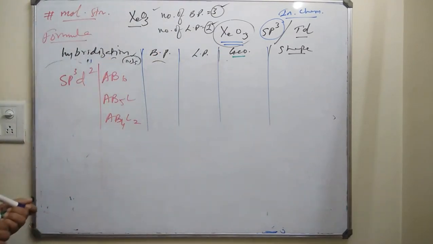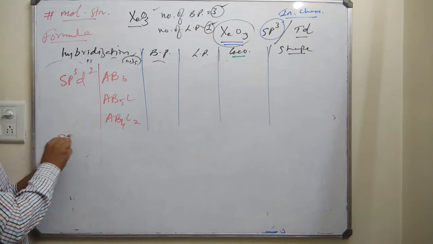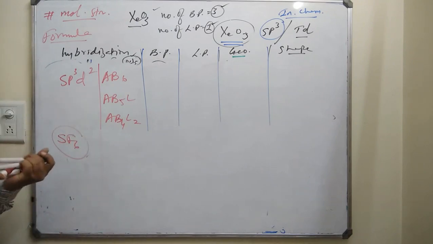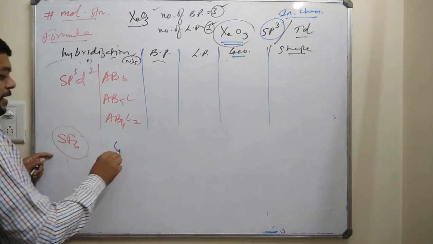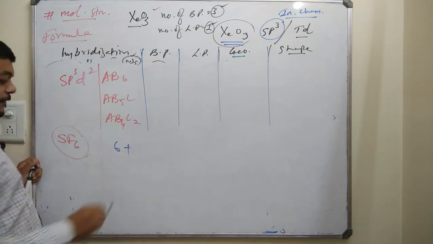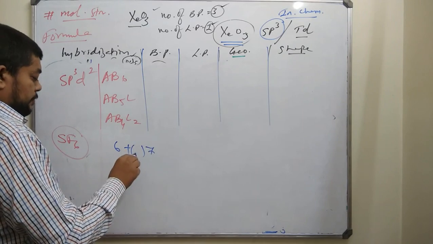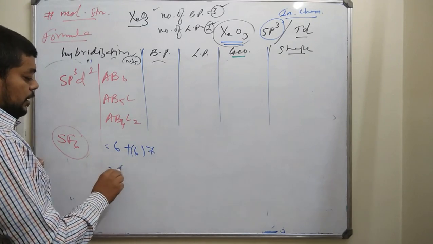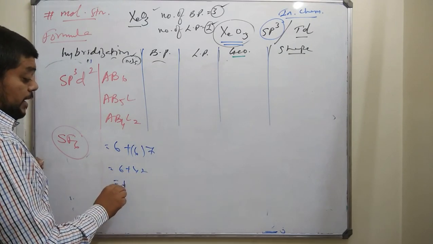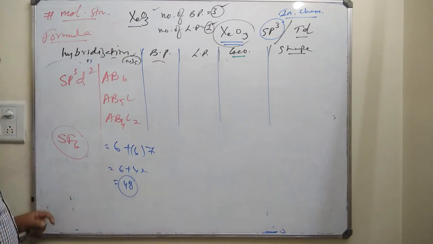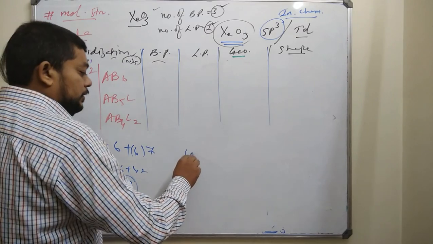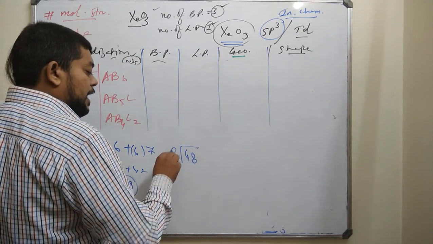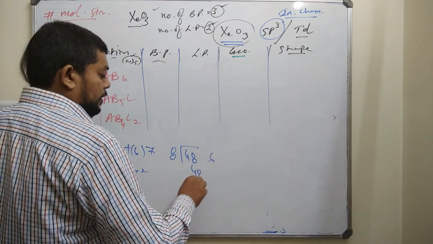Whenever I say AB6, be very clear, be very precise that I am telling SF6. So whenever I say SF6, let us check. 6 electrons from sulfur, 7 from each fluorine, and I have 6 such fluorines. So 6 plus 42, I will end up with 48 electrons. 48 electrons divided by 8, 8 times 6 is 48.